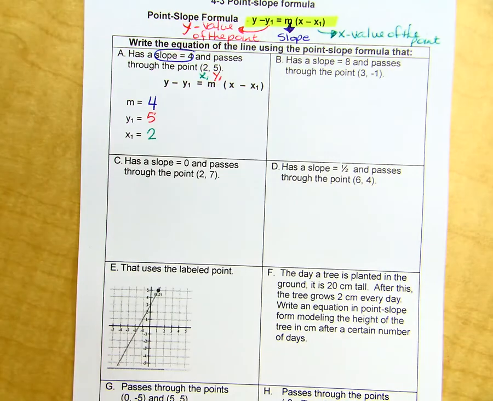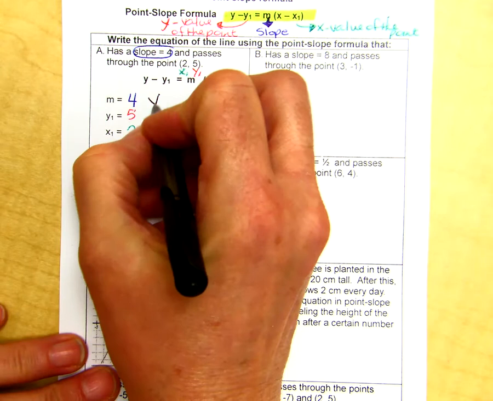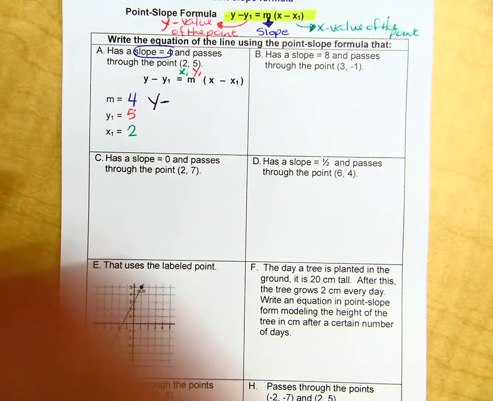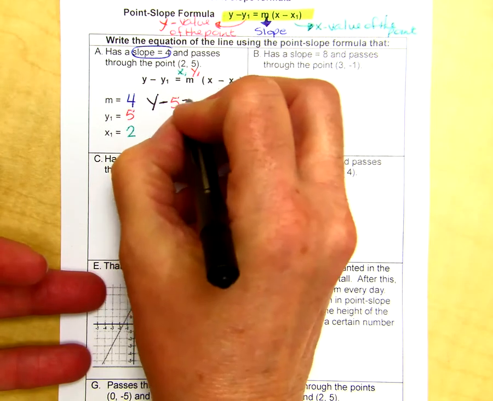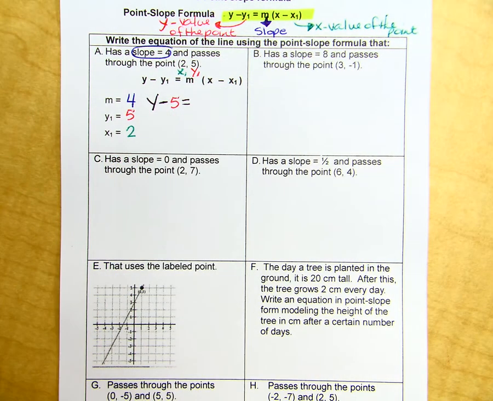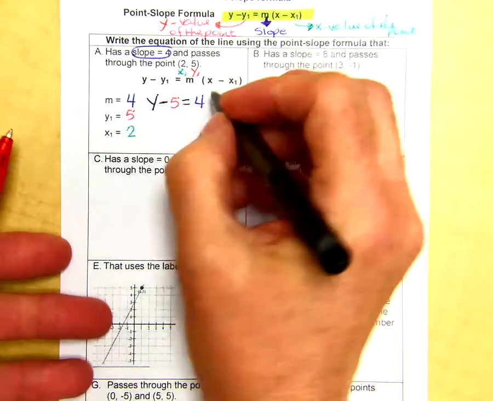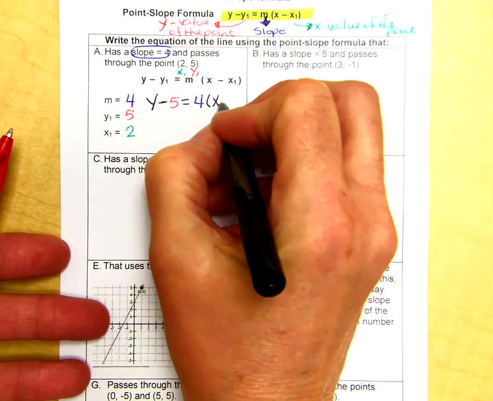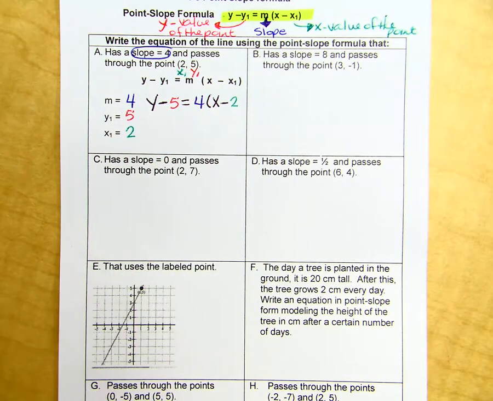Once we have identified these three variables, we simply substitute them into the formula. Y sub 1 is equal to 5. So we have y minus 5 equals m. In this case, m is equal to 4 times the quantity x minus x sub 1, which in this case is 2.